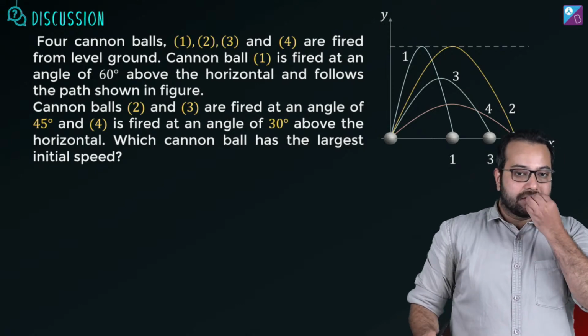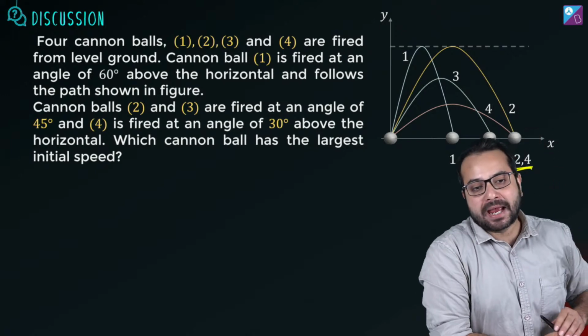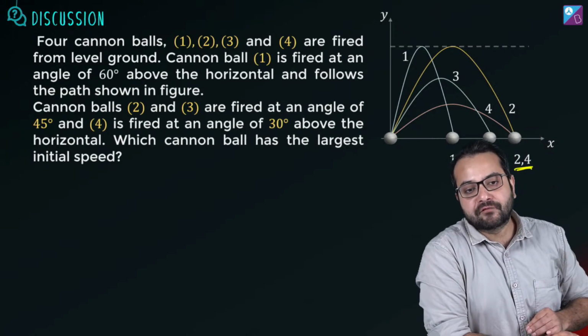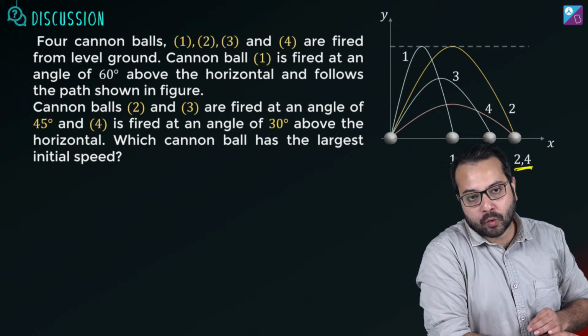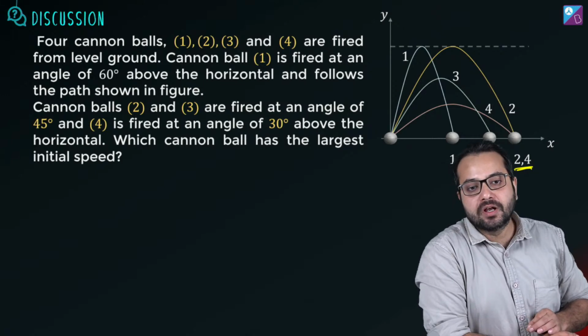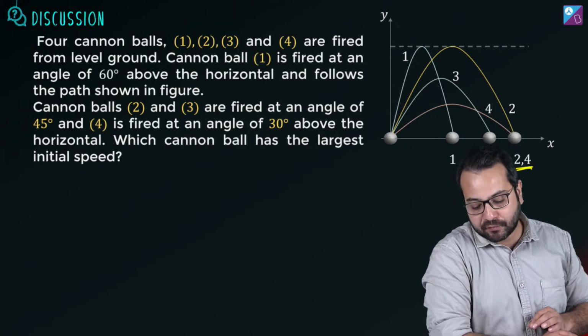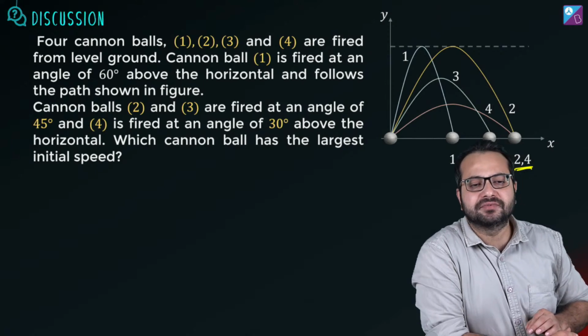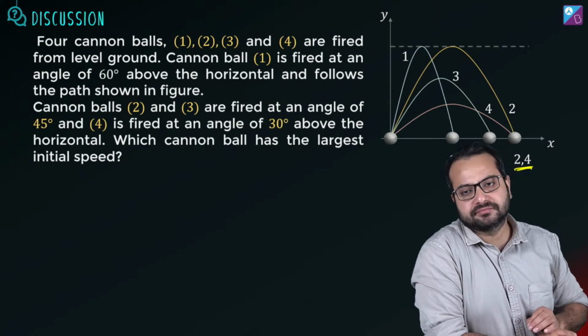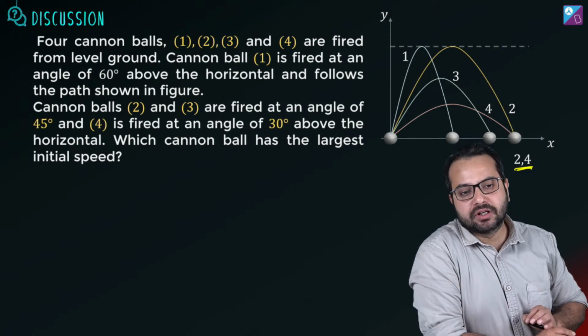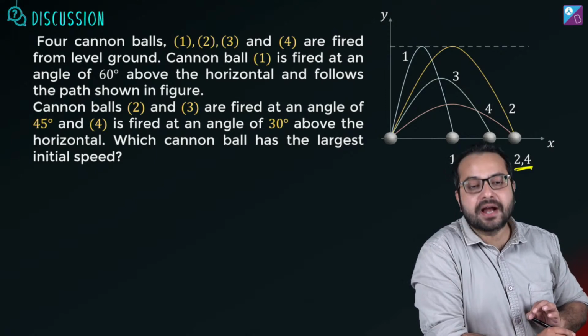ठीक है? Aditya Kumar, please don't spam. I've got the answer. You have said 1. Okay, I'll check that. Please don't spam. Arpit बोल रहा है 1. Swastika बोल रही है 4. ठीक है? Give me the reason, Baba. Give me the reason. Why? आकांक्षा बोल रही है 4 आ रहा है. Why and how?